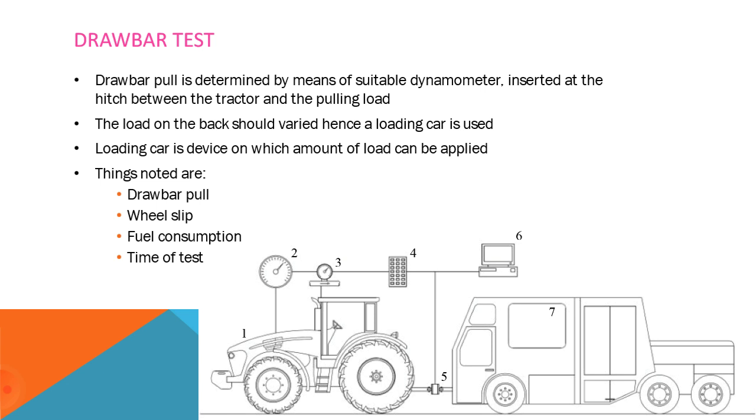We give different loads to the drawbar with the loading cart, and with the screens, pressure gauges, and temperature gauges available within the loading cart itself, we note the drawbar pull, amount of wheel slip, fuel consumption, and time for the testing.